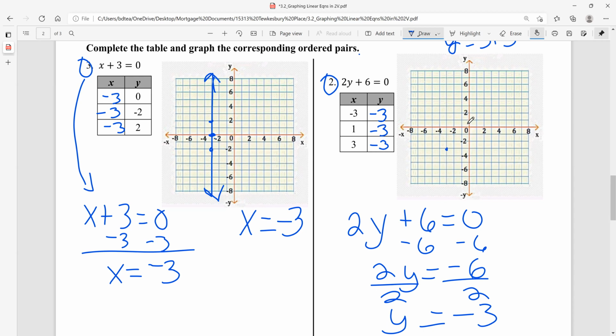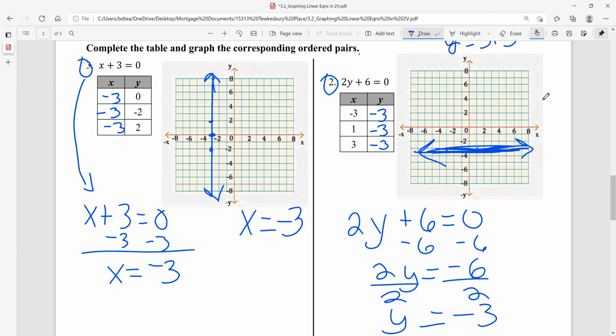Then 1, -3: starting at the origin, going to the right 1 and then down 3. Then 3, -3: starting at the origin, you go to the right 3 and down 3. As you can see, we have verified this is a horizontal line. My lines are not very horizontal, but you can see that it goes straight through the point y equals -3.